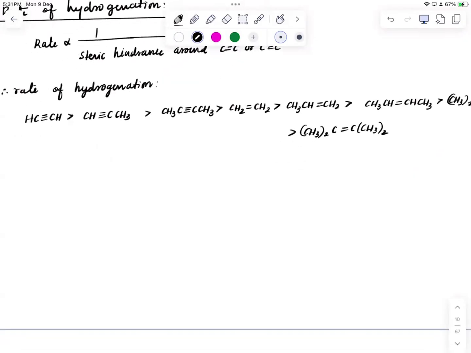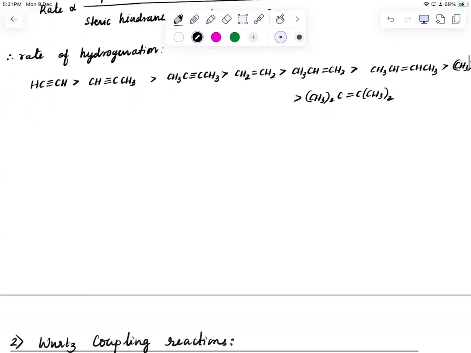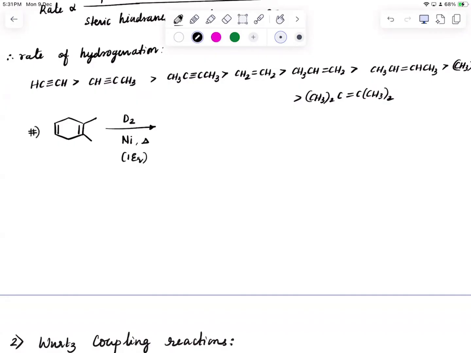So now, a lot of questions are also framed on the basis of rate of hydrogenation. So where are we supposed to attack? Correct? Suppose I have a double bond here like this and this way, and then I'm treating with D2 in the presence of nickel and heat, and only one equivalent was used. This is the example I'm giving.